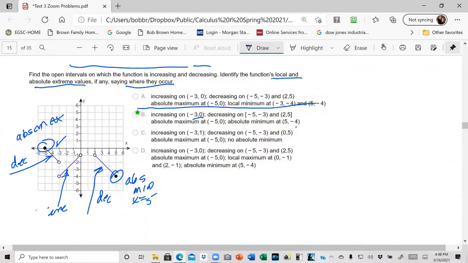decreasing minus 5 to minus 3. Excuse me, the way I pointed it out wasn't quite right. It was increasing from minus 3 to 0 and minus 5.